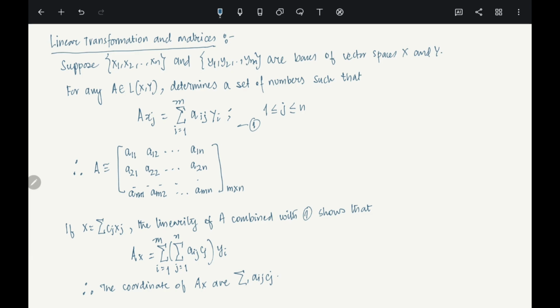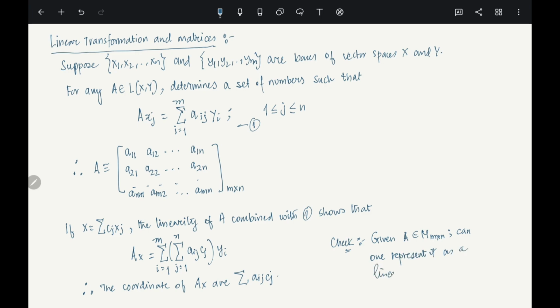One question to check: given a matrix A, which is an m cross n matrix, can one represent it as a linear transformation?